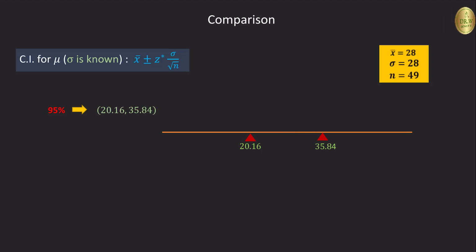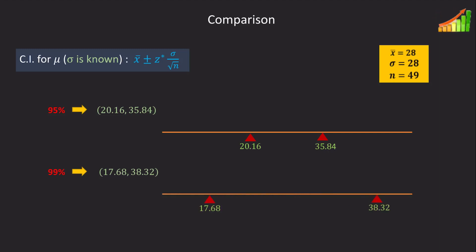So, the lower bound was 20.16 and the upper bound was 35.84. Then we calculated the 99% confidence interval. Lower bound is 17.68 and the upper bound is 38.32. What is the meaning of this?